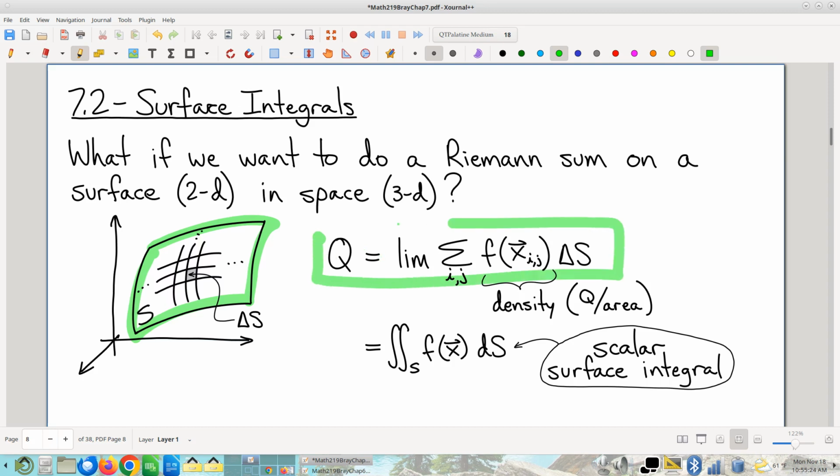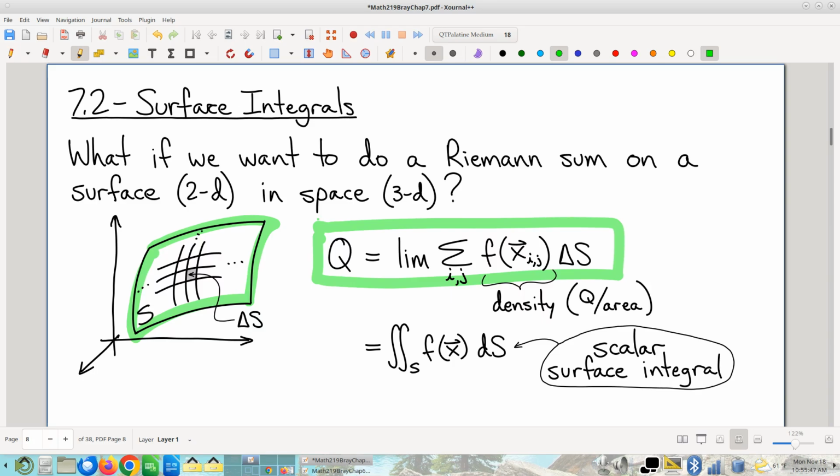If you're adding up whatever it is that you're adding up, maybe you're interested in how much mass there is on this surface. Maybe this surface is the side of a hill that has weeds growing on it, and you want to count the total number of weeds. I don't know, something like that.